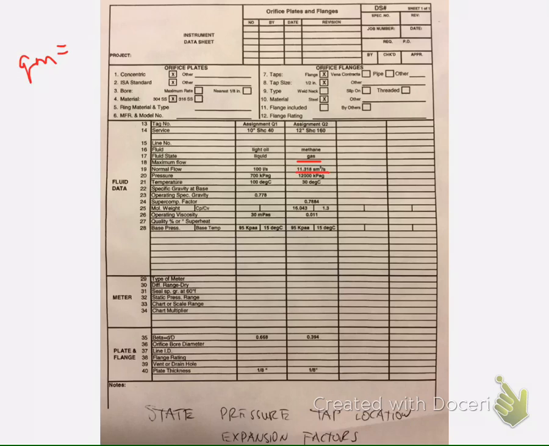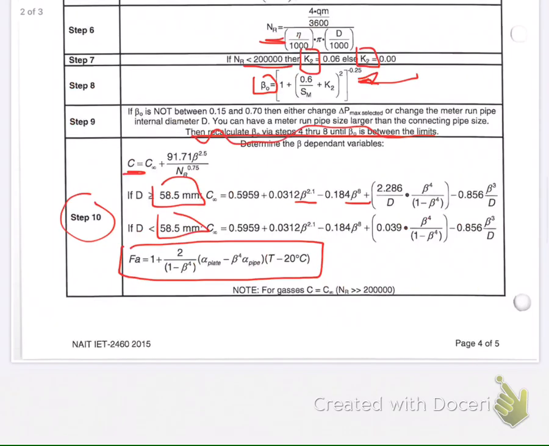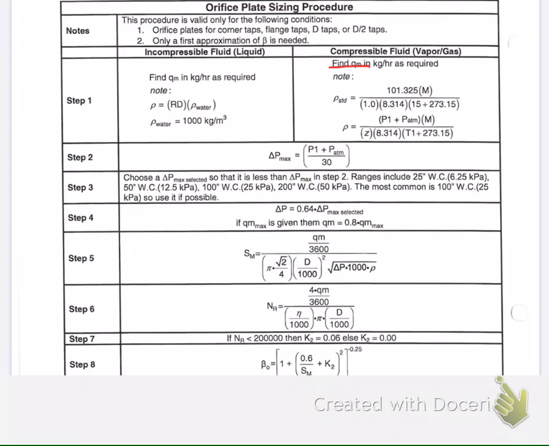So to get our density, since we're going after the standard calculation here, because it's given a standard flow rate, we'll need this equation right here to do that. So we have our molar mass and our atmospheric pressure at standard conditions. So I should be able to bring that formula over and figure that out.